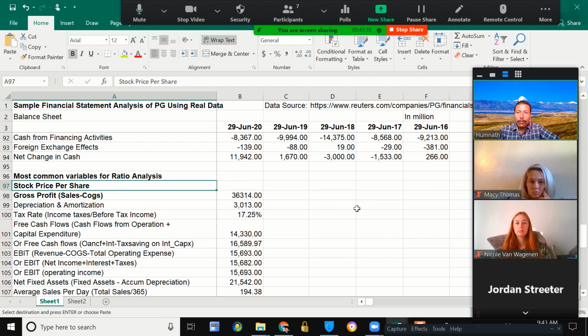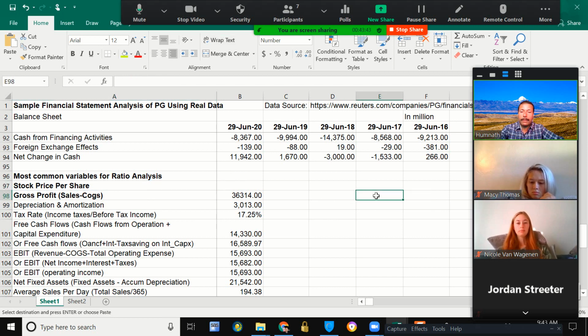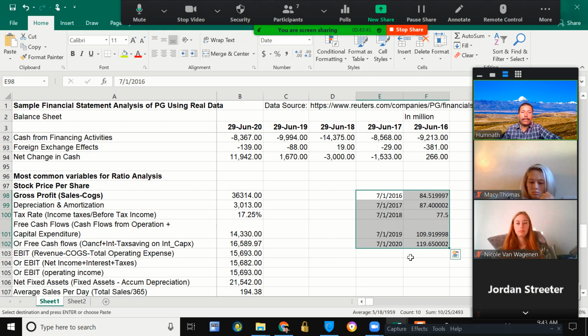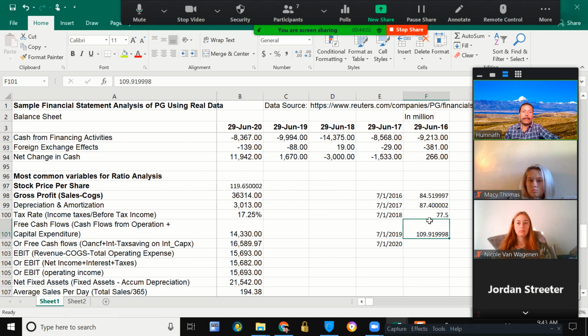Okay, good. So what I'm going to do is paste this information right here, and manually put that data over here. So this is July, June 29, 2020, right? The data is right here. So I'm going to get this one right here, and this one right here.